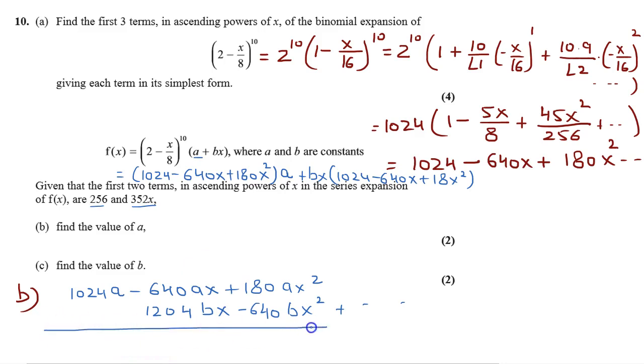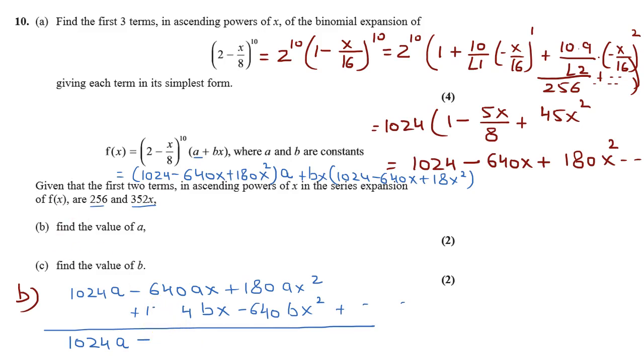So now we have 1024a, sorry, this is not 1204, this is 1024a. So this is minus 640a plus 1024b.